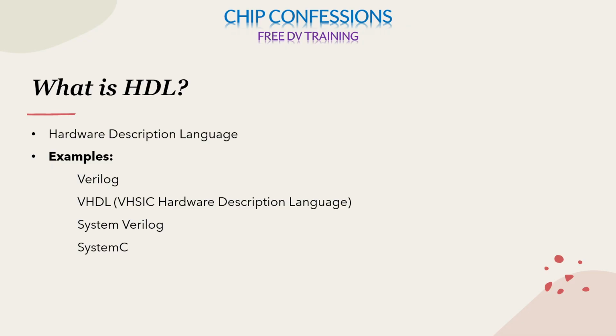The examples of HDLs are Verilog, which is widely used for designing as well as verifying digital circuits. In the previous years we mainly had Verilog, we didn't have System Verilog or UVM as of now.